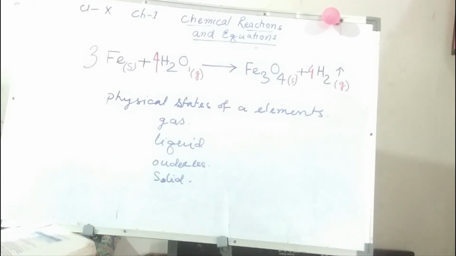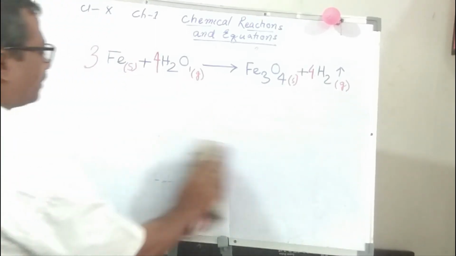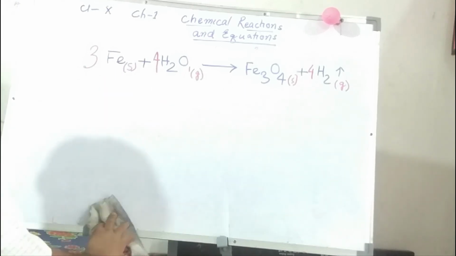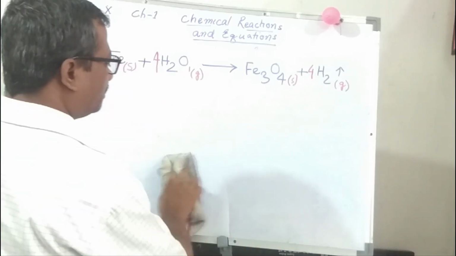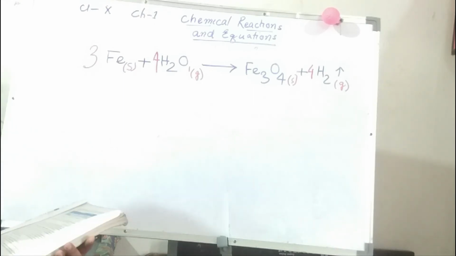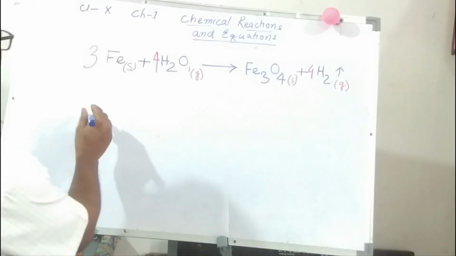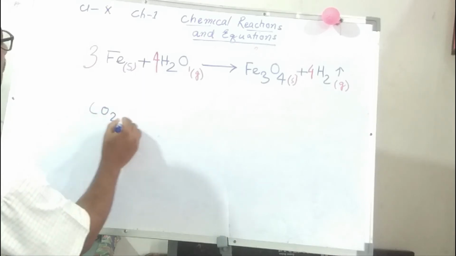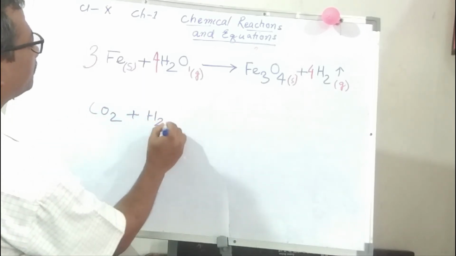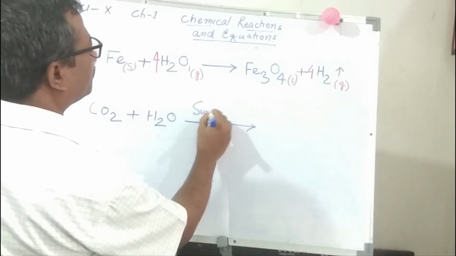And you remember that in a chemical reaction, temperature, pressure, catalyst, etc. are also involved. For example, when carbon dioxide reacts with water in green plants, sunlight is required.